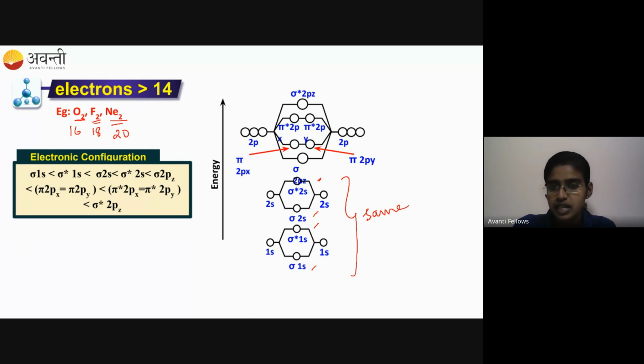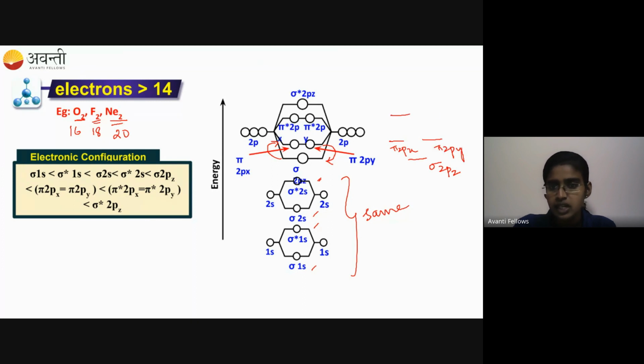In the last case, we had pi 2px and pi 2py at the bottom, right? Now those two orbitals go up and the sigma 2pz orbital comes down. So here we have sigma 2pz, and above that we have pi 2px and pi 2py. Just do this shift alone.